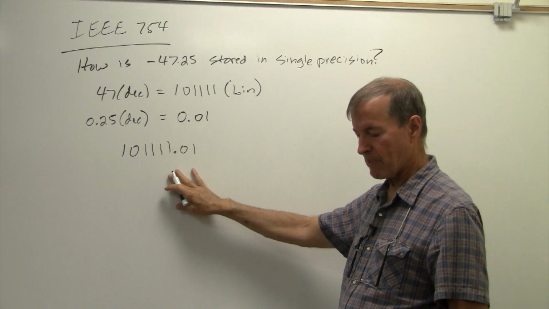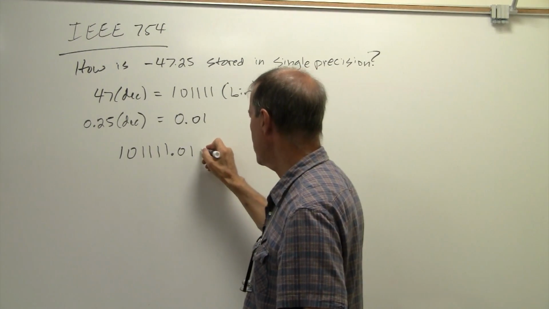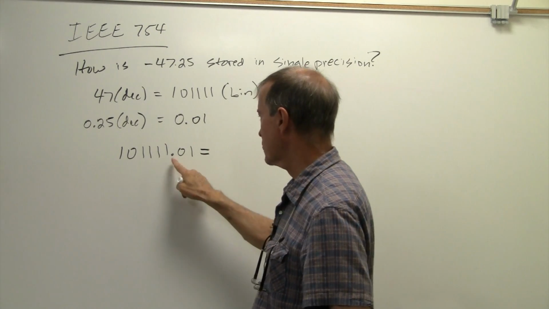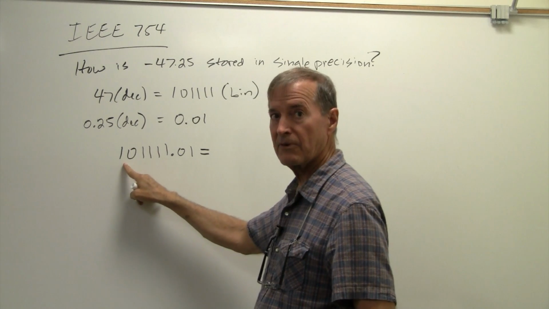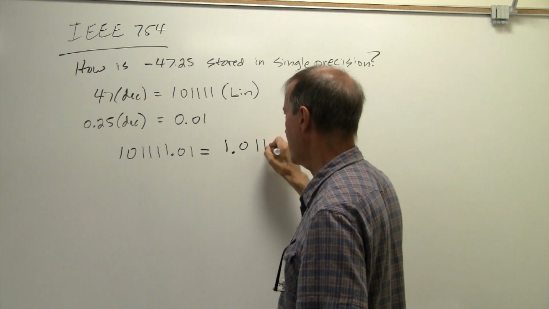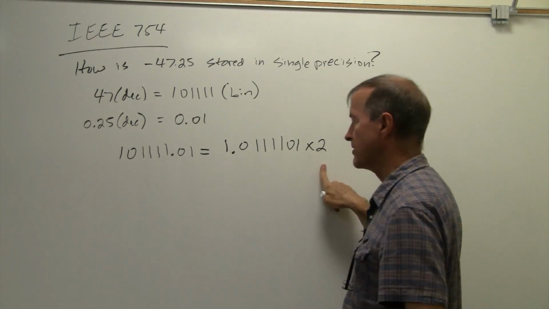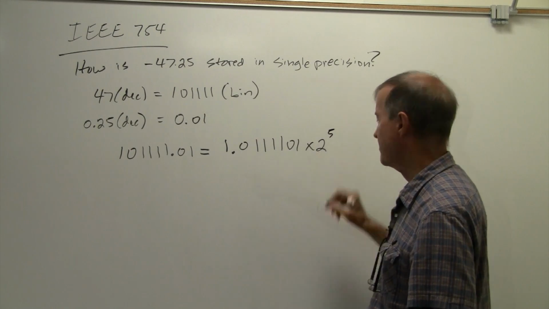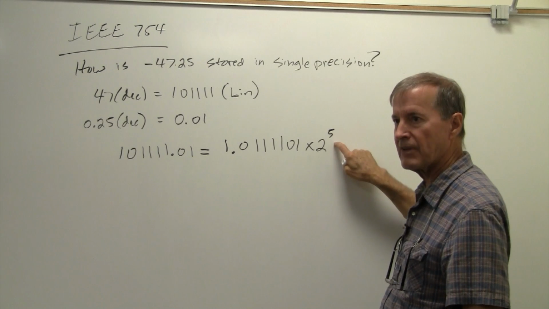Now we've got to change it to binary scientific notation. To normalize this, we have to move the decimal place over 1, 2, 3, 4, 5. So this is 1.0111101 times 2 to the 5. Now we have to figure out how to store the 5.